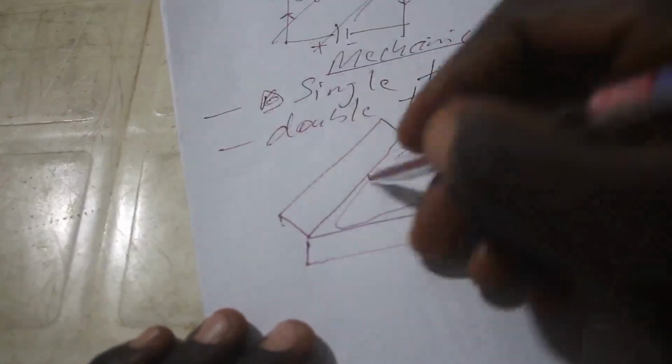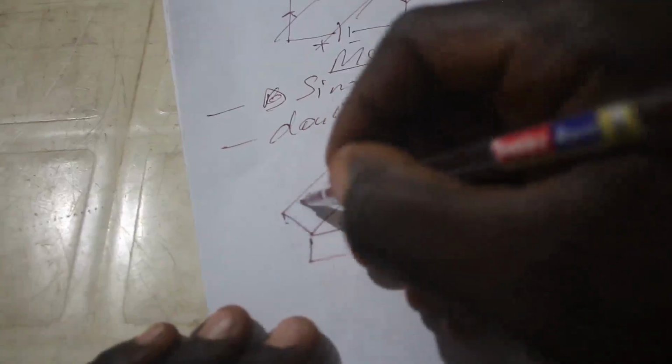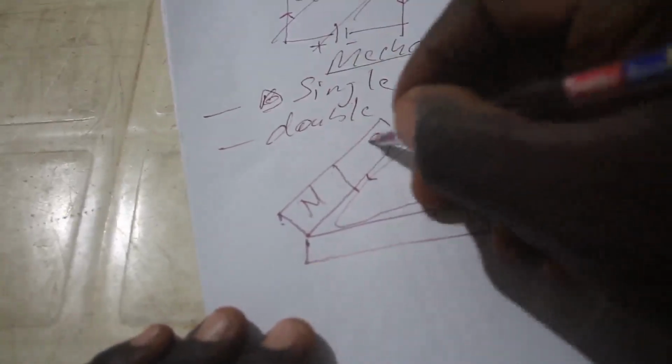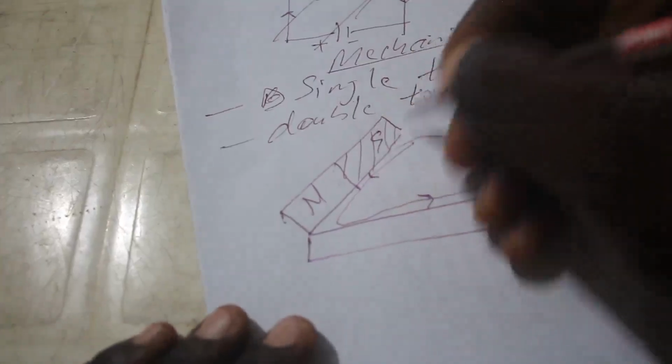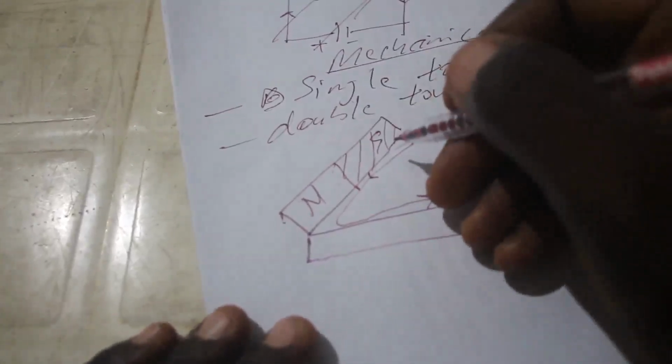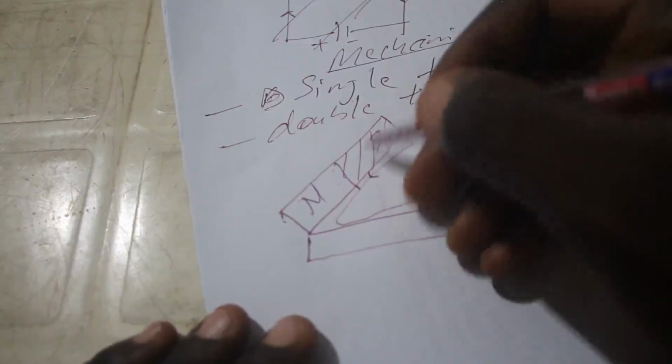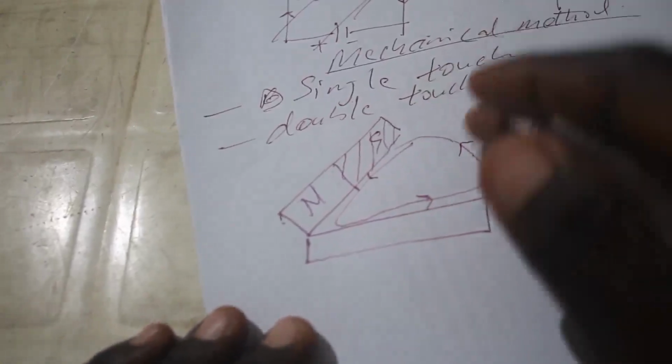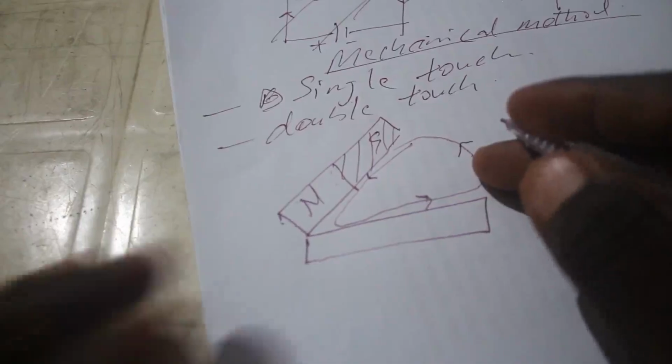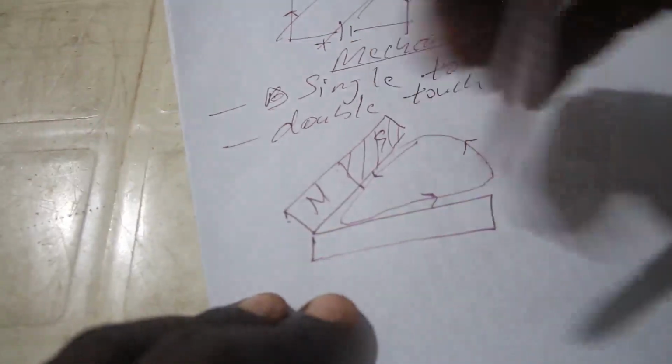So you hold it this way. Let's say now this is the bar magnet. Of course here, let's say it's the North Pole and here's the South Pole. It's usually my tradition to shade the South Pole. So you hold it this way and then you drag it along.